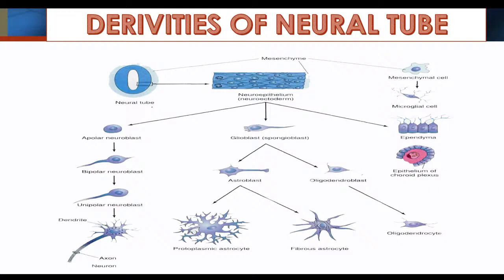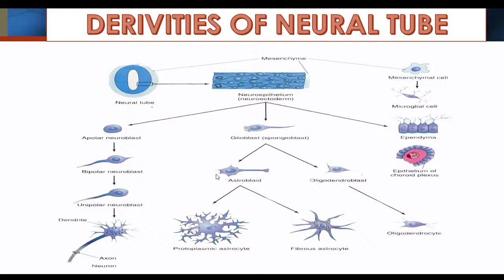The structure of ependymal cells we will discuss a little later, but look at this one. We see how the epithelium of the choroid plexus also arises from this source. From another side, we see well how the glioblast, spongioblast, divides into two lineages.